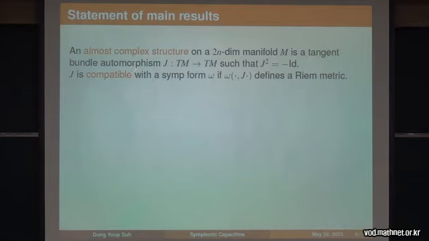And we say this almost complex structure is compatible with the symplectic form. You can give a symplectic form and a complex structure separately, but if they are not compatible, then there's no relation.